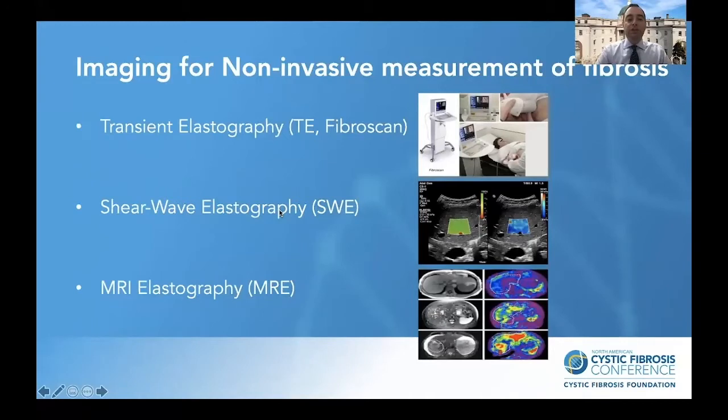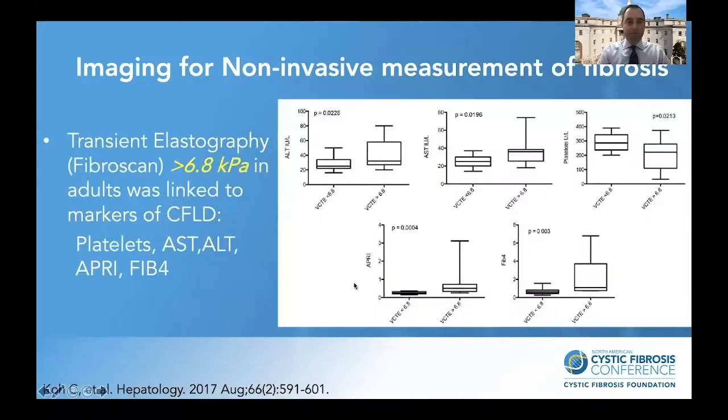We will briefly discuss next the imaging modalities for non-invasive measurement of fibrosis, such as transient elastography or FibroScan, shear wave elastography, which I alluded to recently, and MRI elastography or MRE, which can give a composite value of fibrosis assessment throughout the entire liver.